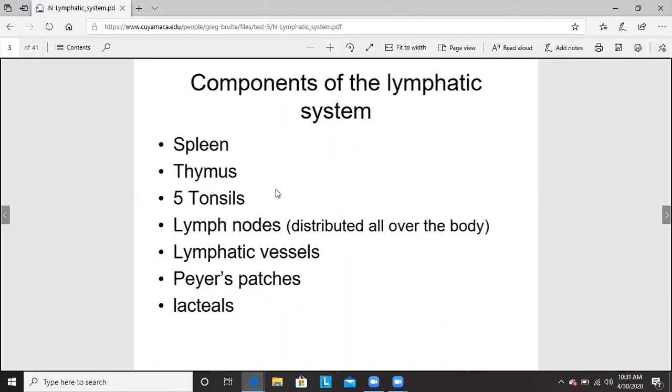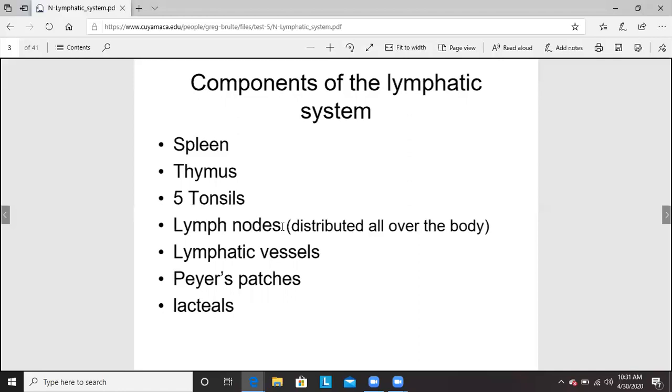So components: make sure you can point and name these on a model or a chart or a laminate. The spleen, the thymus, don't confuse that with the thyroid, a totally different gland. 5 tonsils: 2 palatine tonsils, 2 lingual tonsils, and 1 pharyngeal, and I'll show you those.